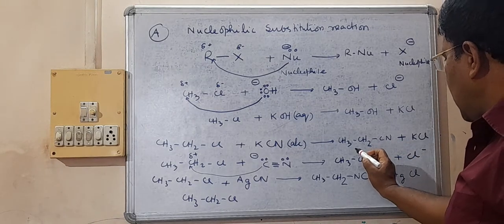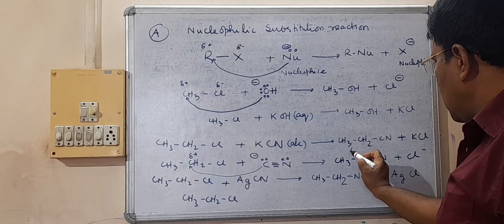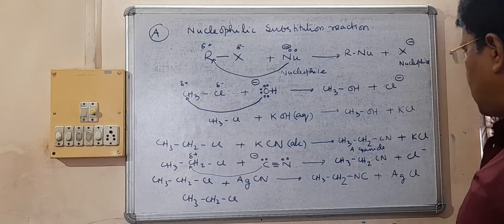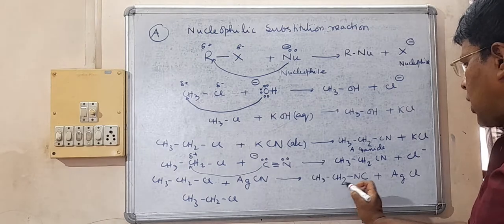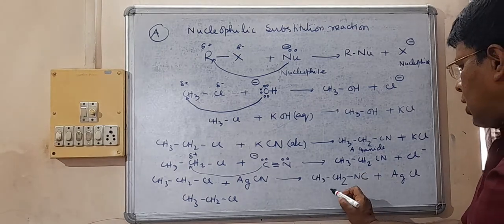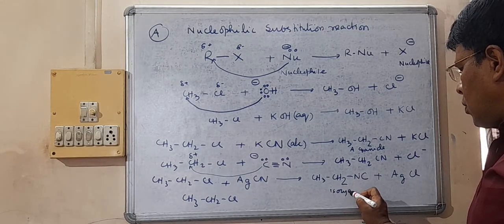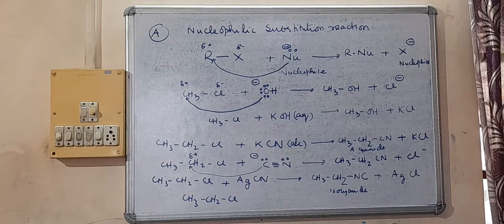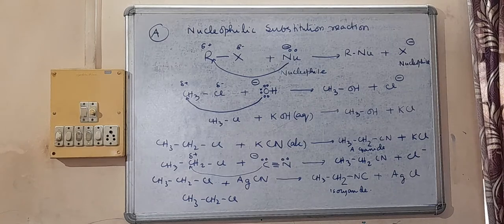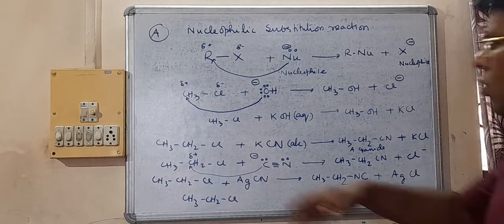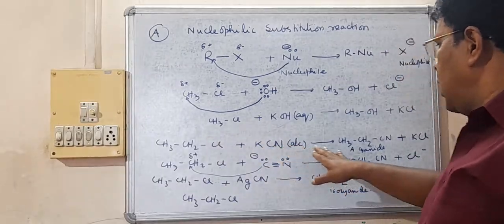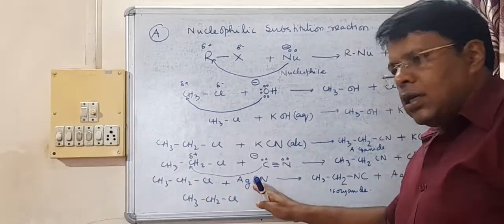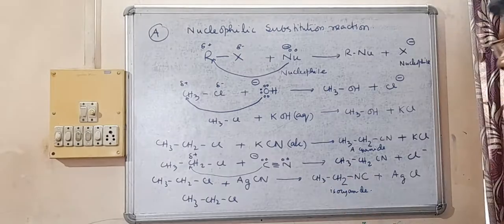It is called cyanide, whereas with AgCN we get isocyanide. This NC is called isocyanide. So a question comes in exam: why does a halo compound with alcoholic KCN give a cyanide, whereas a halo compound with silver cyanide gives an isocyanide?